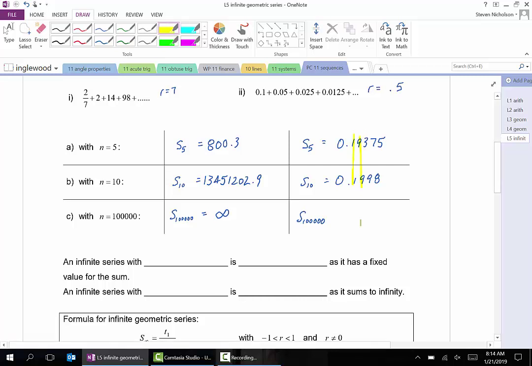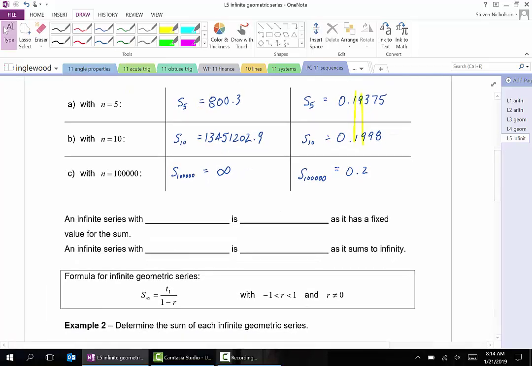On this one over here, my first one was this. My second one was this, which is really just a little bit bigger. The first two digits lock in, and the difference of the other ones is very small. But when I did this one, I get that, which again is very close to 0.19. So in these two series, this one on the left is what we would call divergent.